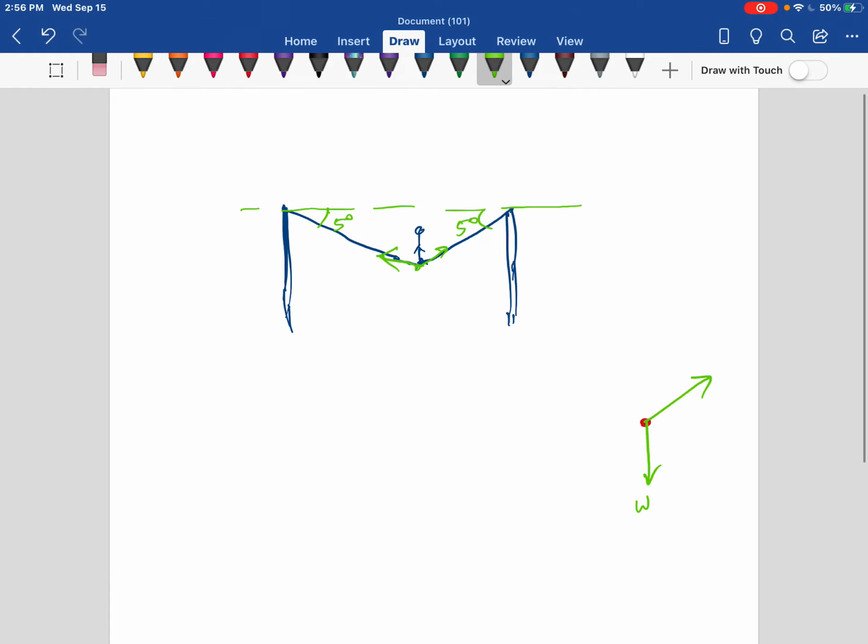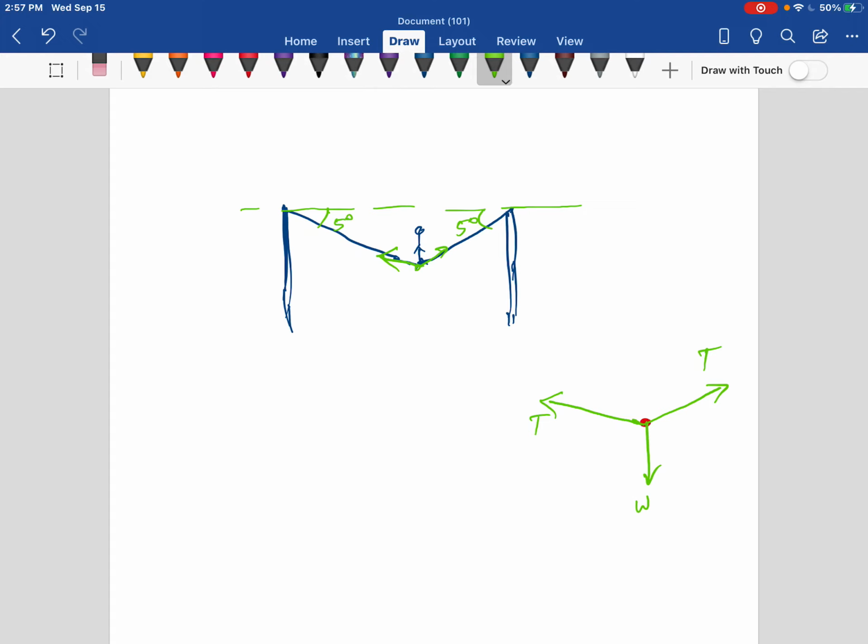I'm just drawing the weight over here, and then we have, let's draw that a little flatter than that, almost the same. Okay, fine. This is the tension force, and this is also the tension force on this side.